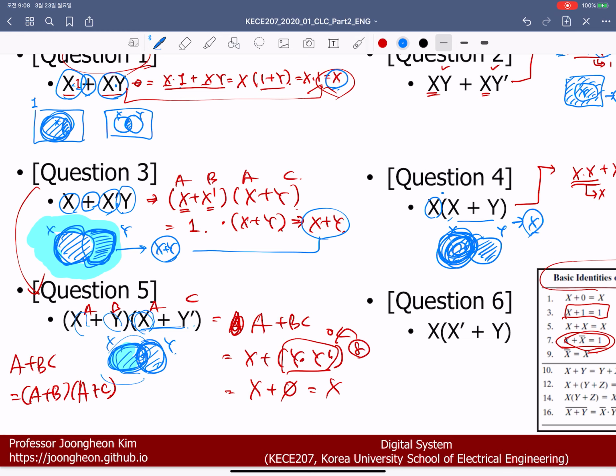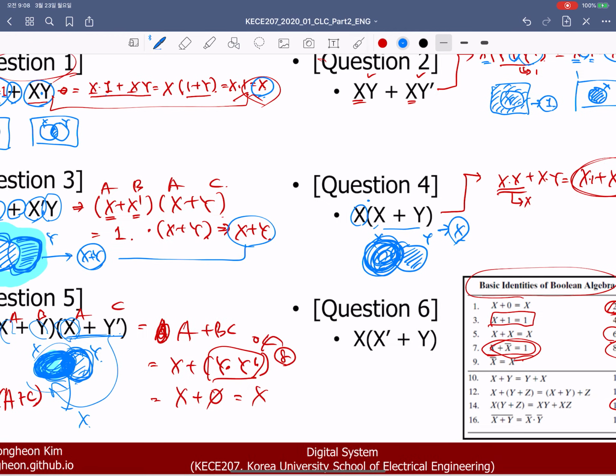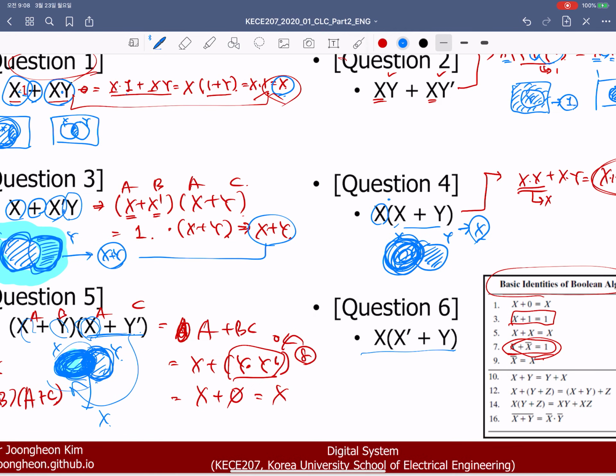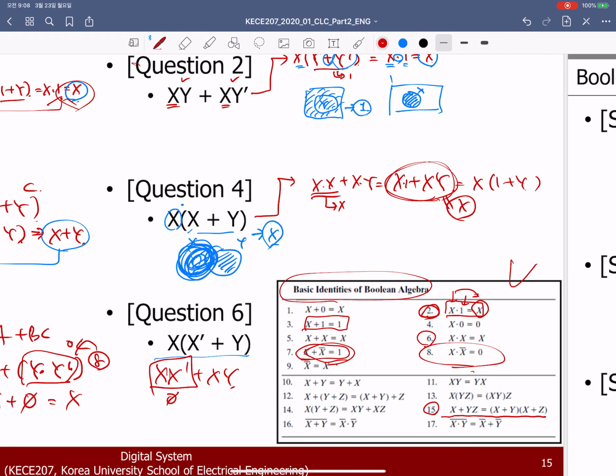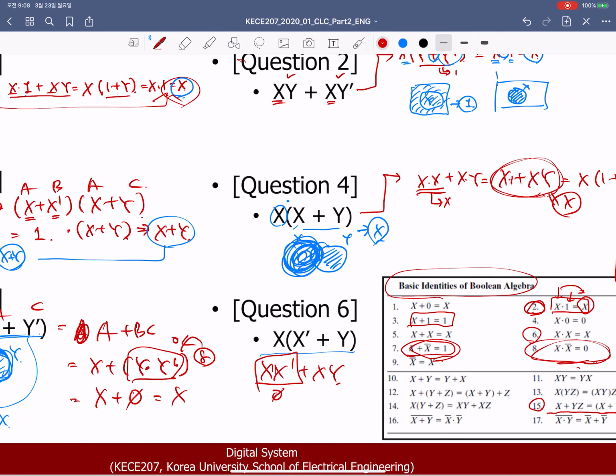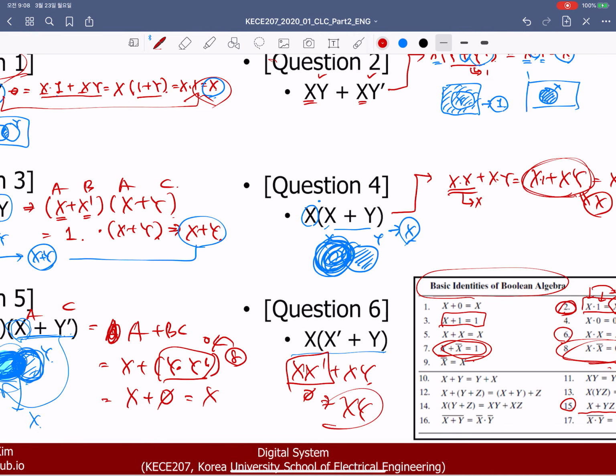That's why you have x and y complement. So you have these ones, right? These ones are this one, okay? So you can finally get x from here. So in this case, you can use the distribution law. That's why this becomes xx prime plus xy. So this is 0 by number 8. That's why you only have xy, and that's it, okay?